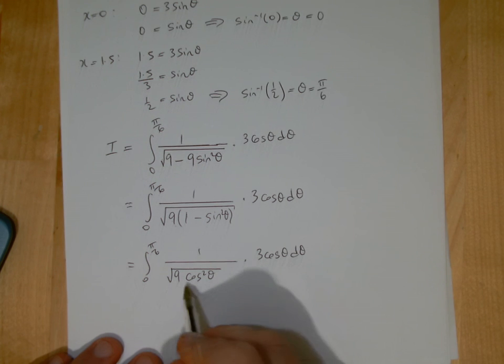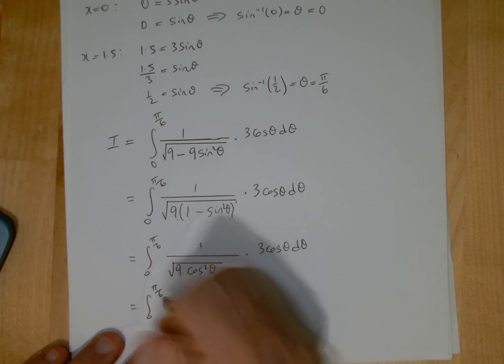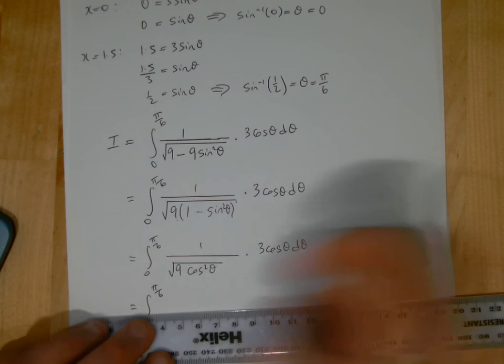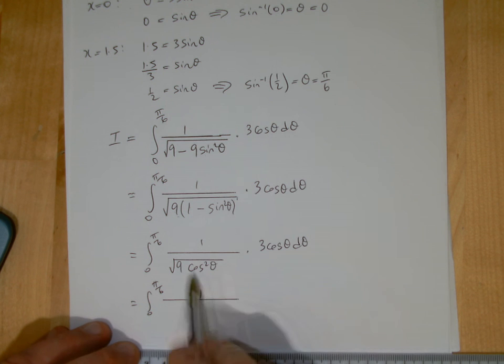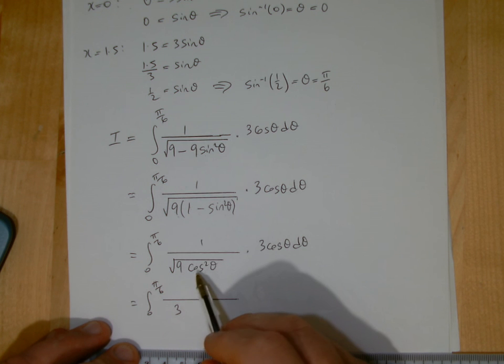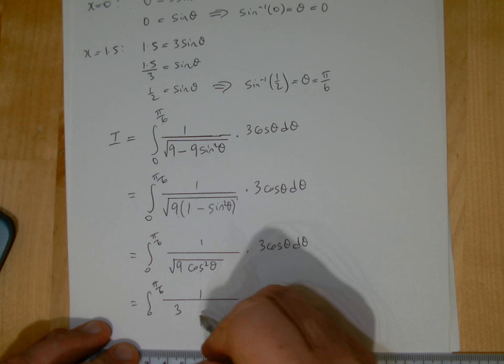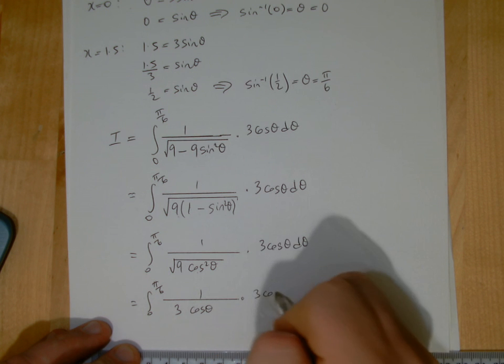What's great about this is that on the bottom you've just got a single term, so you can actually square root that. It's possible to square root it simply because the square root of 9 is 3, and the square root of cos squared is just going to be cos theta, times 3 cos theta d theta.